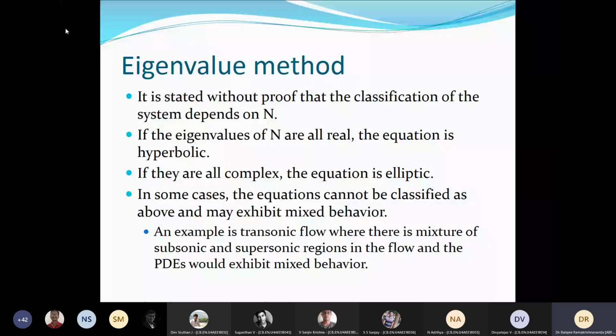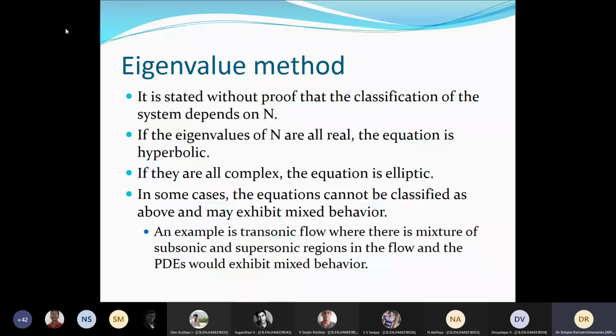Then if you go to Navier-Stokes flow, even subsonic flow can be parabolic or hyperbolic or mixed. All the way we have been talking of inviscid flow. So the viscous subsonic flow is not elliptic all the way.